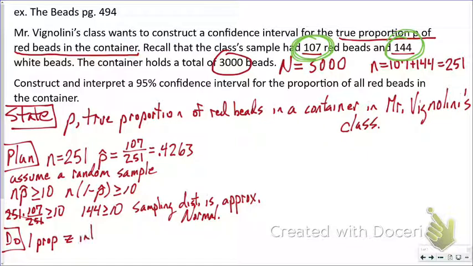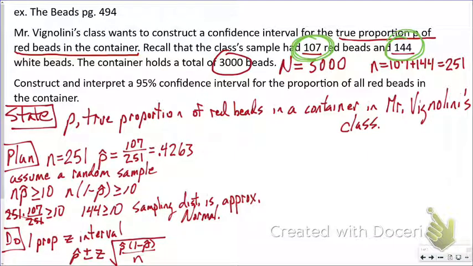So back on here, I write one prop z interval. You can just copy it from the calculator, and that is p hat plus or minus z, and then we're going to go to the calculator. I'll tell you where z and all that comes from.